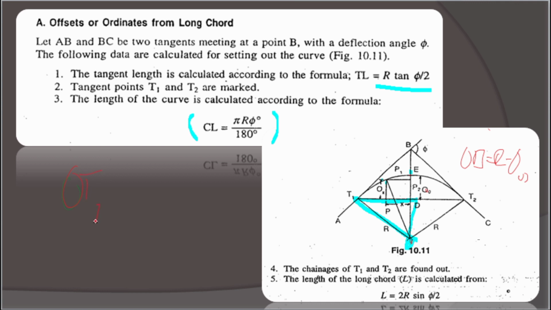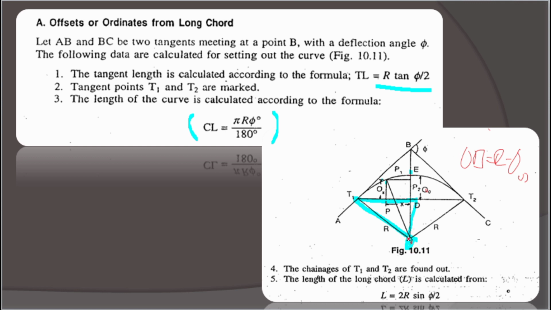O to T1 squared plus T1 to D, the distance T1 to D squared, will be equal to, so let me do that again rightly. This is the hypotenuse, that is what we'll need. There we'll have our equal sign. So let me see to that again.